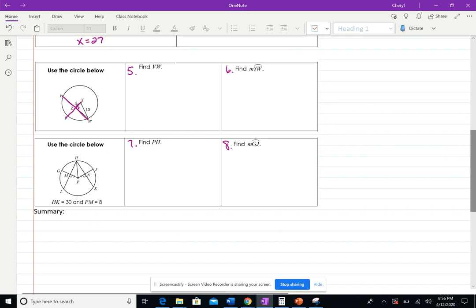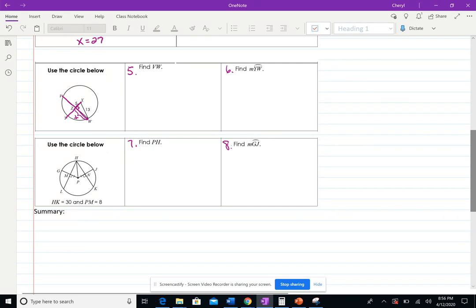So we could find this x length and multiply it by 2 to find the chord VW. And we have a right triangle. You want to guess? We're going to use the Pythagorean theorem.